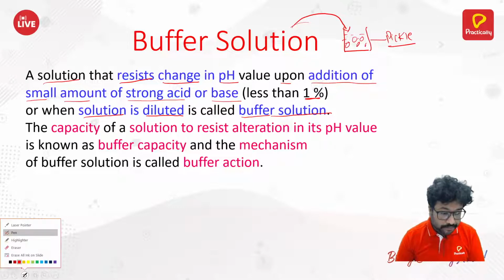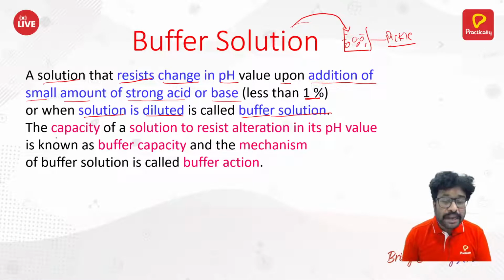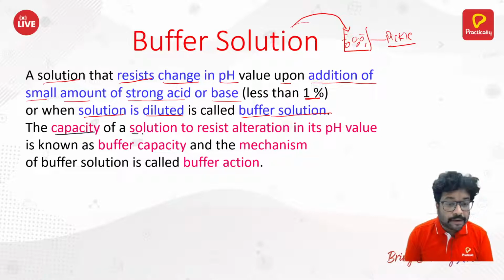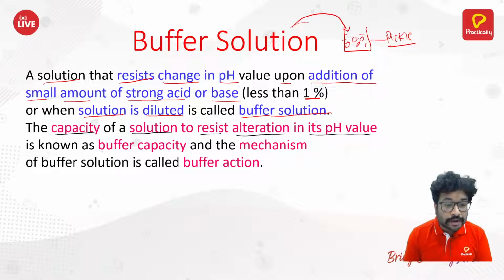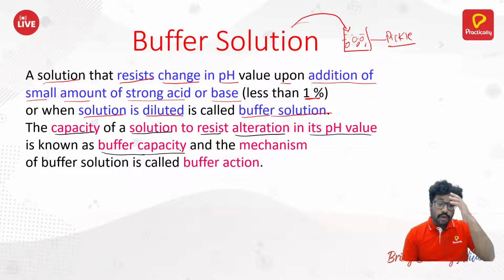Now what is meant by capacity of a buffer solution? See, the capacity of a buffer solution to resist alteration in its pH value is known as its buffer capacity. Now what is meant by that buffer capacity?